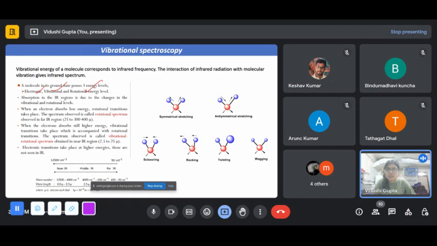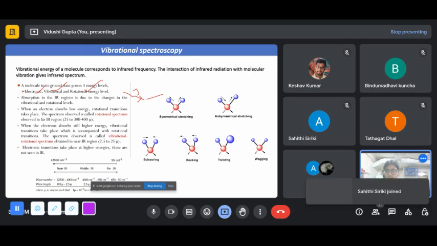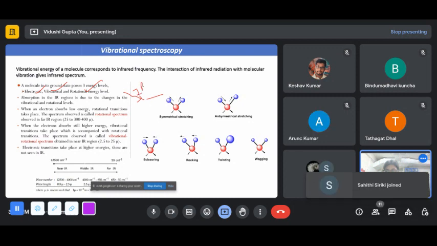The absorption in the IR region is due to the changes in the vibrational as well as the rotational energy levels. As you know, there are electronic levels, and in the electronic levels there are vibrational levels, and in vibrational levels there will be rotational levels.